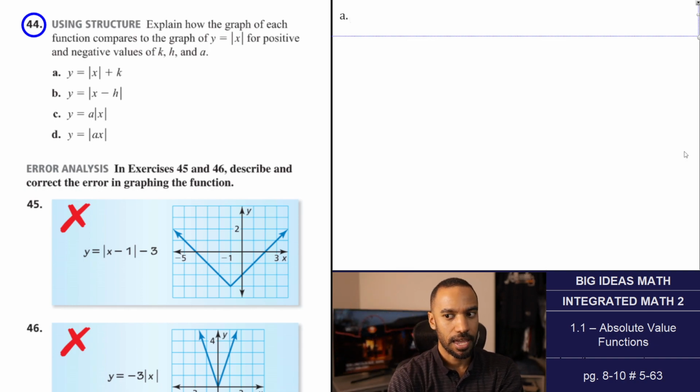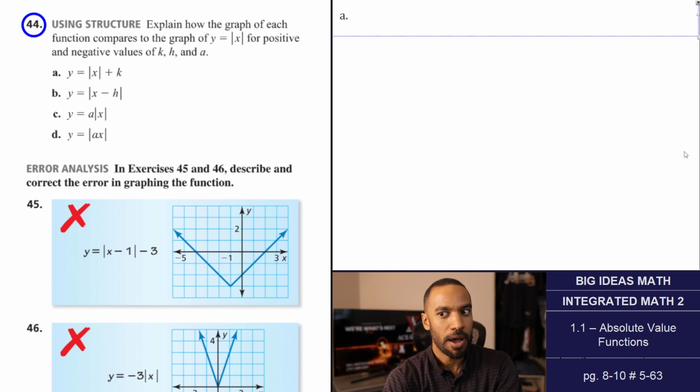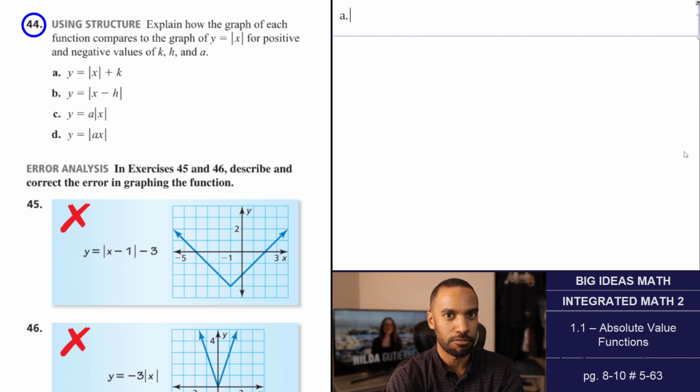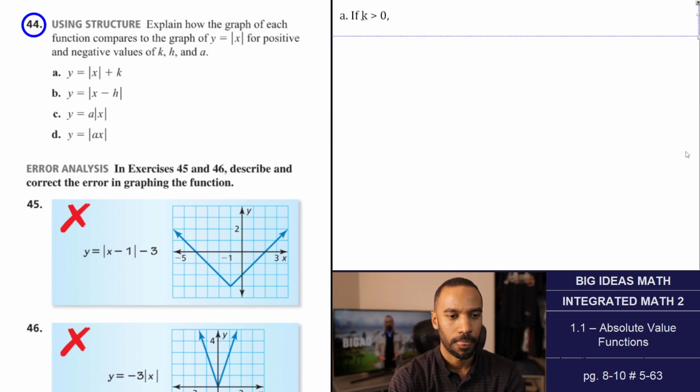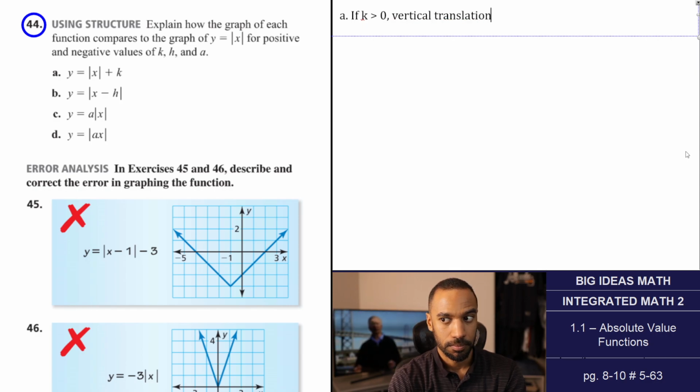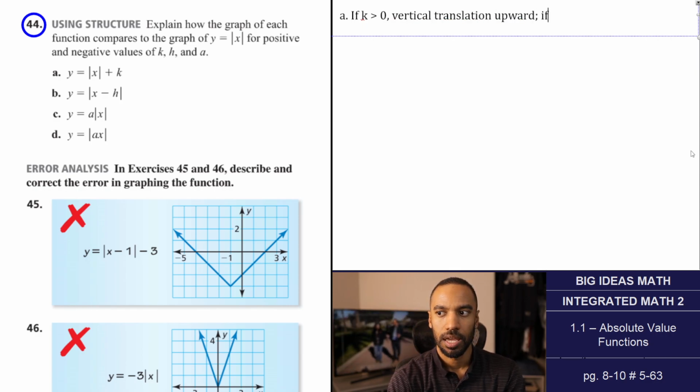I think they're saying if k is positive, then one thing; if k is negative, another. If k is greater than 0, positive, vertical translation upward. If k is negative, vertical translation downward.